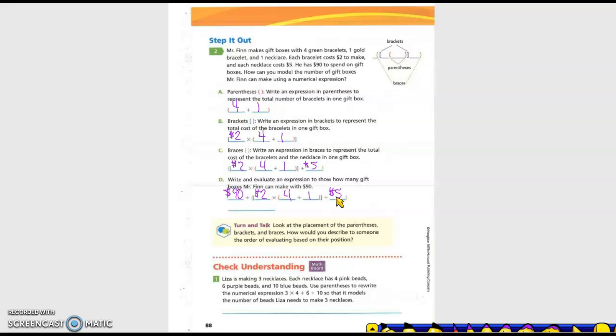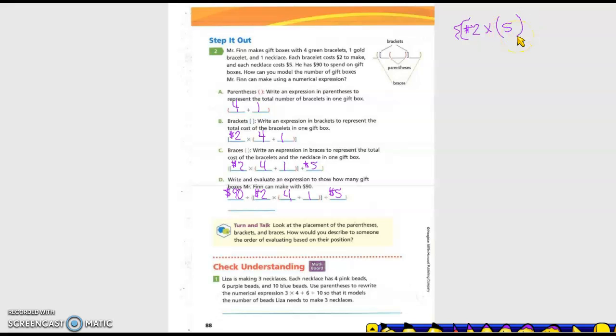Okay, so what do we need to do first? So I'm gonna rewrite my little braces. Okay, I'm not real good at drawing those, so they're just kind of what they are. So we would do $2 times what is 4 plus 1? Oh, I forgot to put in my bracket too. What is 4 plus 1, guys? 5.